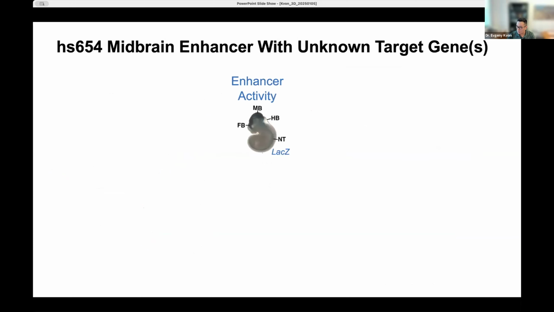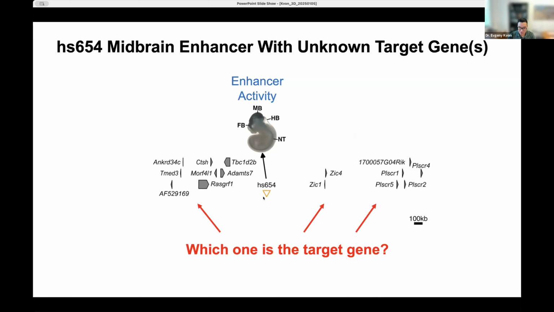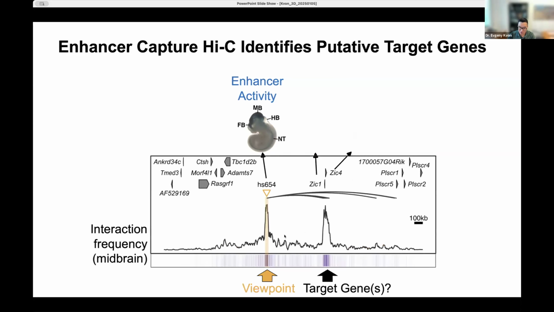And so this is how the data looks. In this case, you have a brain enhancer that is located in the middle of a gene desert, but which of the genes around is actually a target gene, right? Capture Hi-C gives you a lot of these tracks that look like 4C essentially, right?